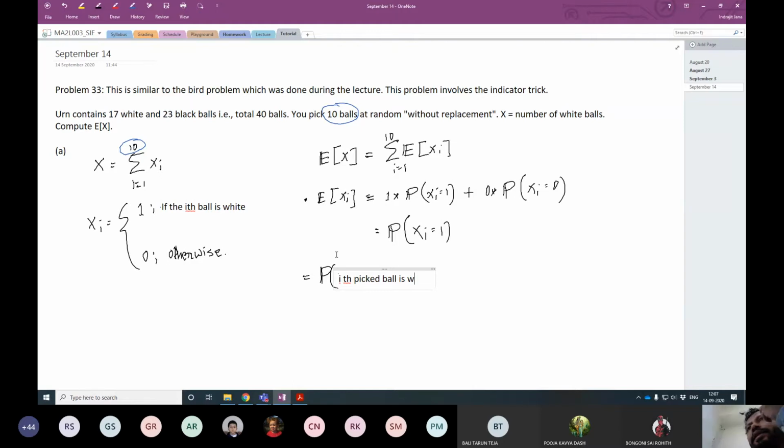Picking balls from an urn is essentially like rearranging the items in that urn. Okay, so let me write this down. Finding this probability, I recall problem 18 in chapter 3.